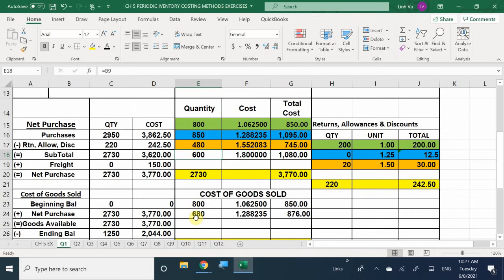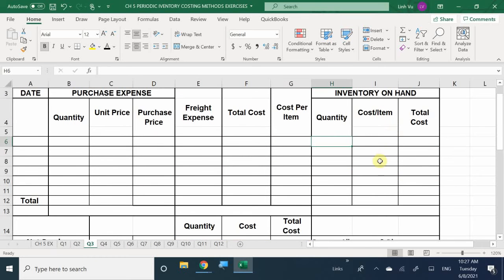So we should have a remaining balance in our blue batch of 170. Okay, so I'm going to go ahead and carry that over. Let me go to question number 3 here, and I'm going to carry over the color too, so we can keep it consistent.